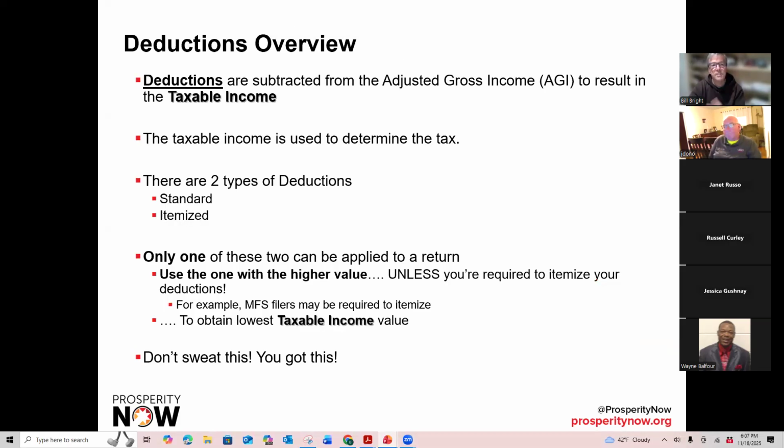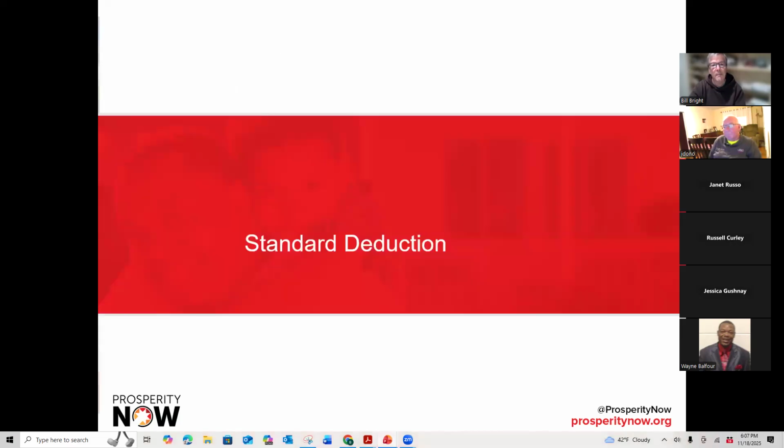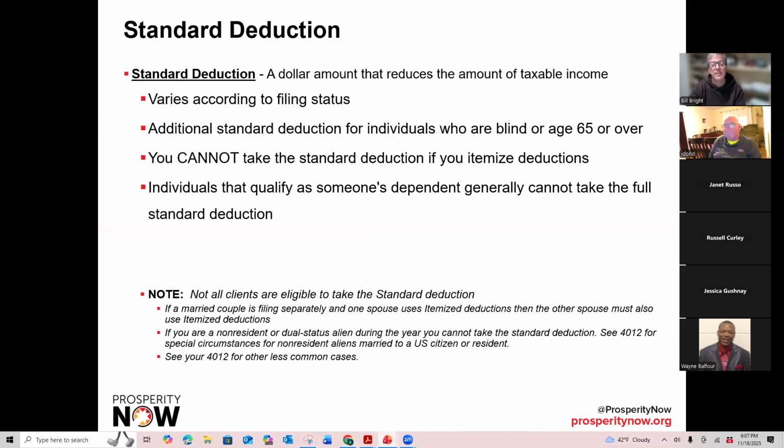So again, deductions are subtracted from adjusted gross to result in taxable. There's two types: standard and itemized. You can only do one. Software takes the better of the two. Again, adjusted gross, tax-wise, we'll choose whichever is the highest, standard or the itemized. The standard deduction varies every year based on an adjustment for inflation.